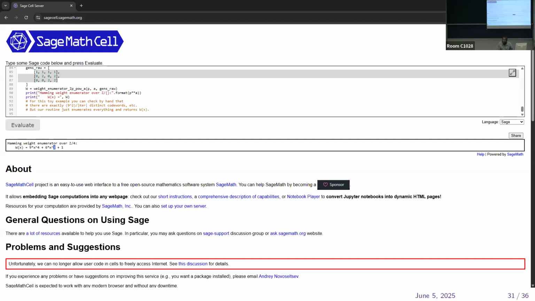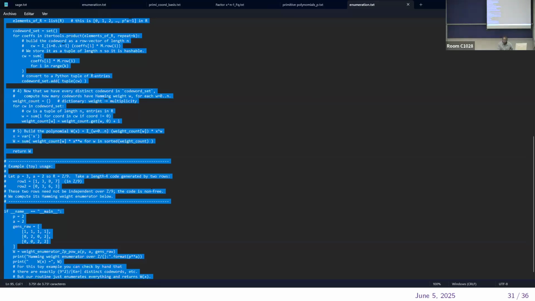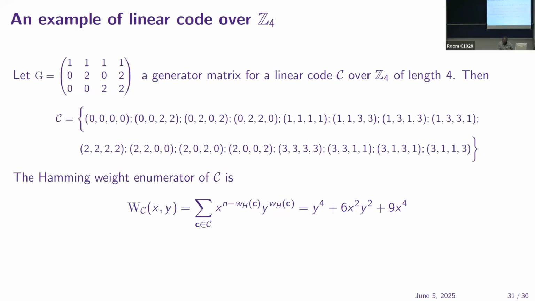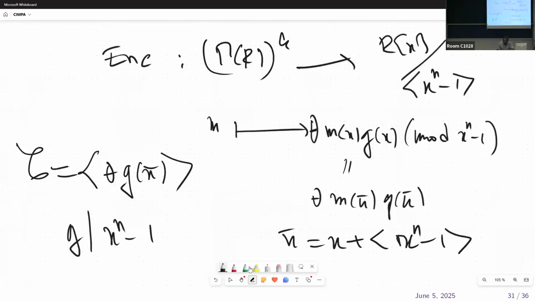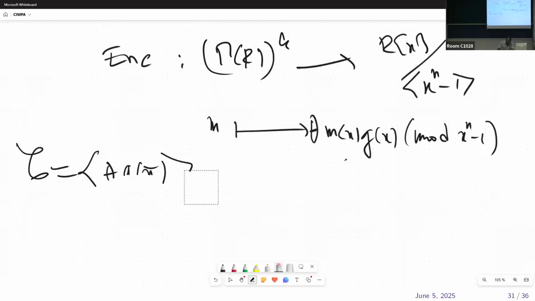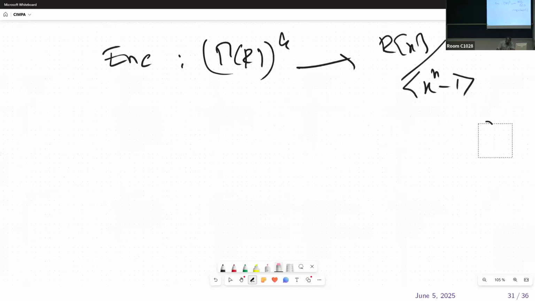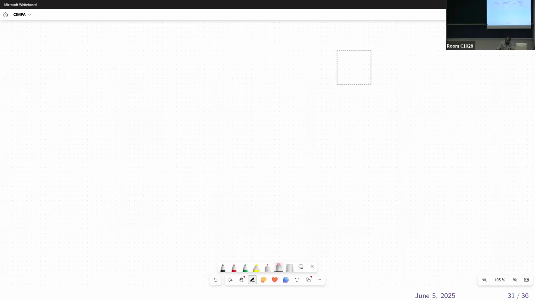Okay. This program works for the linear code over finite chain ring. This program works for any linear code over. You use this.